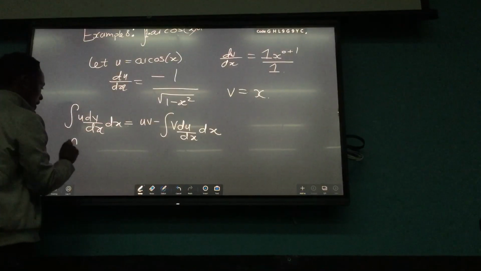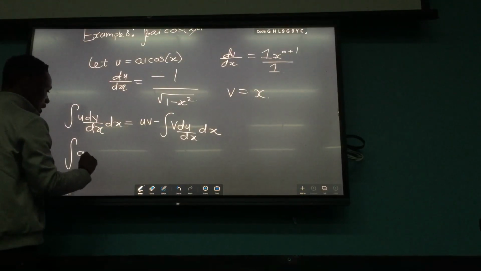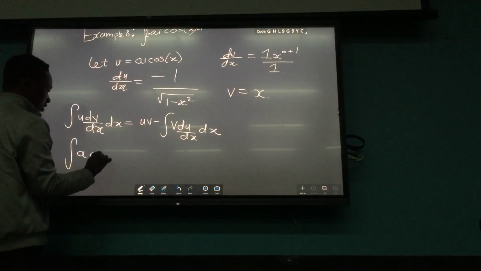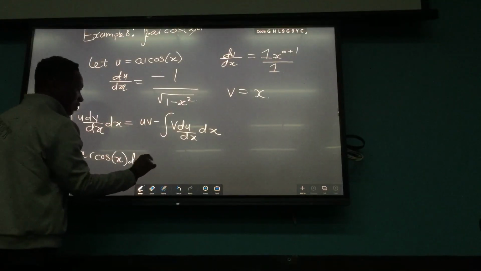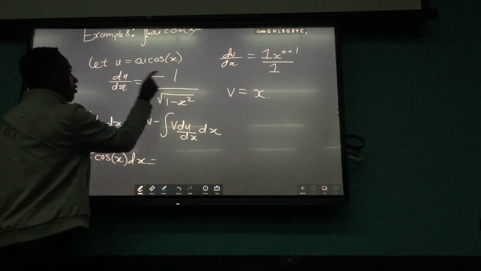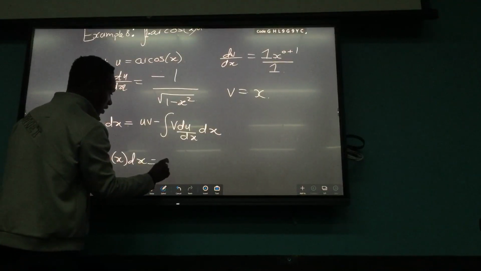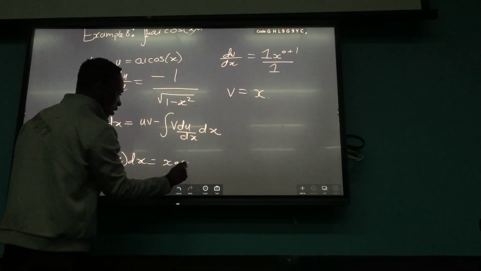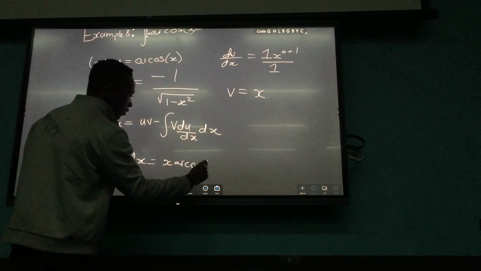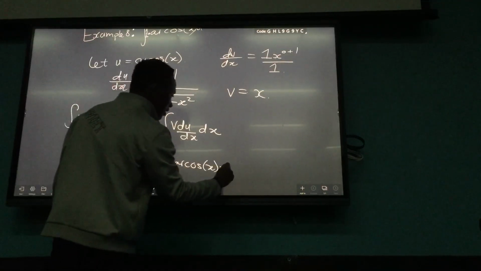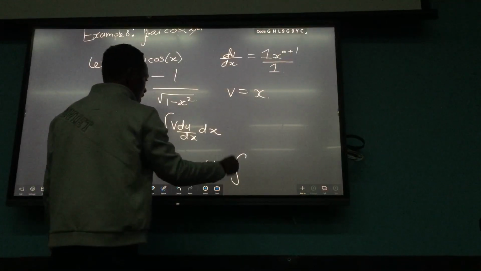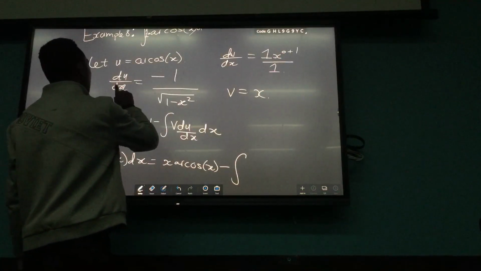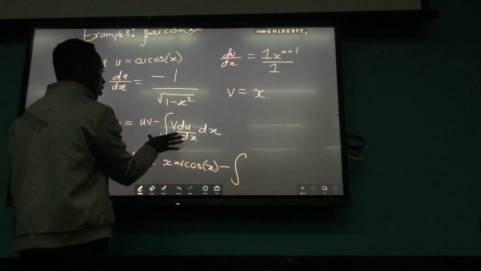So we're going to have the integral of arccos, which is just the question. The integral of arccos of x dx equals uv, which is x arccos of x, minus the integral of v du dx according to our formula.